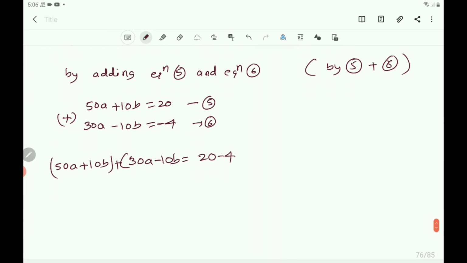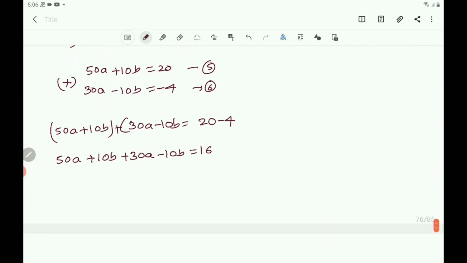Then 50a plus 10b plus 30a minus 10b equals 16, since 20 minus 4 is 16. Here plus 10b minus 10b cancels. 50a plus 30a is 80a, so 80a equals 16.